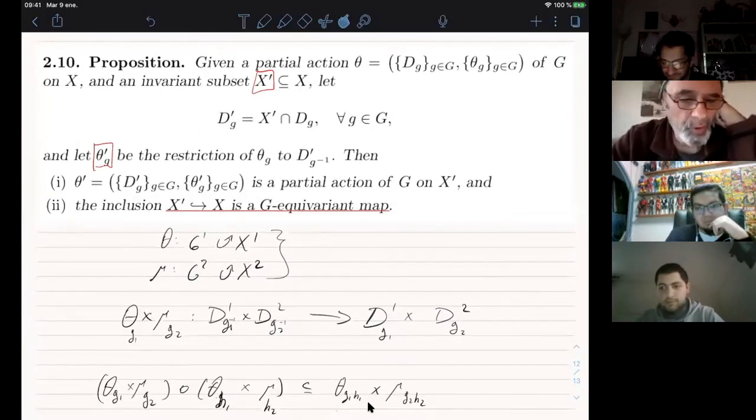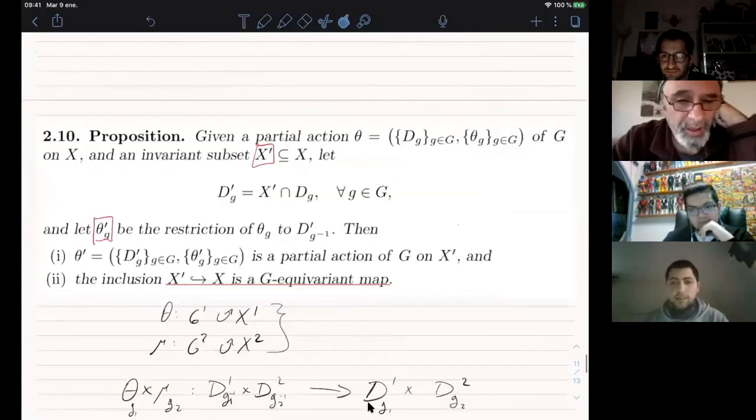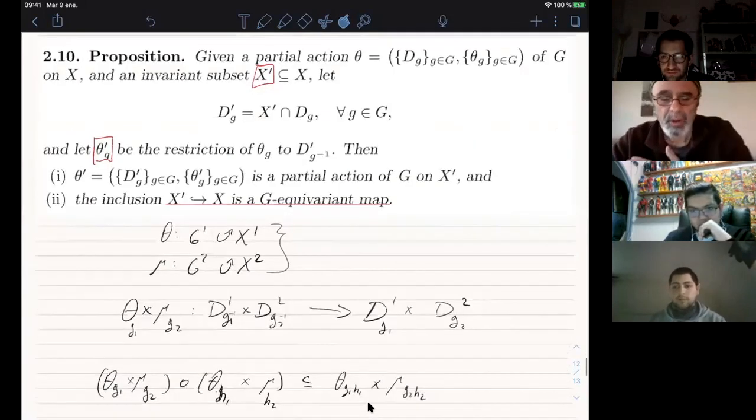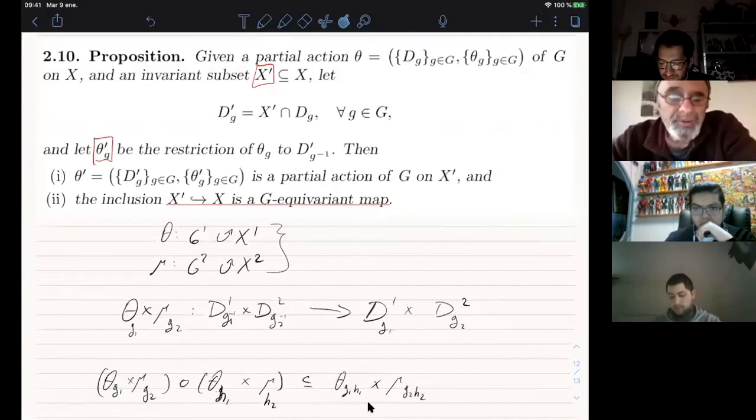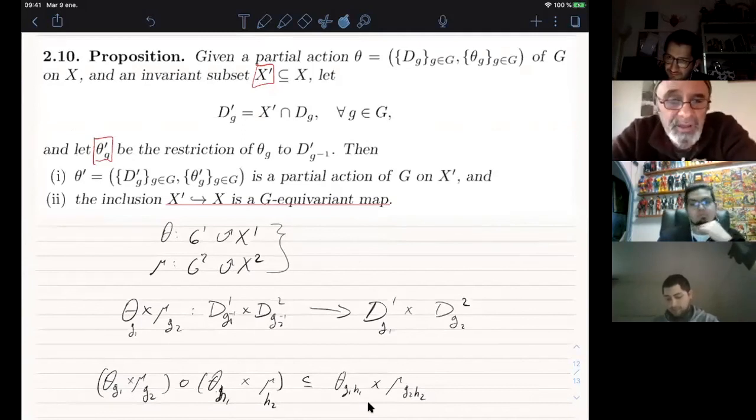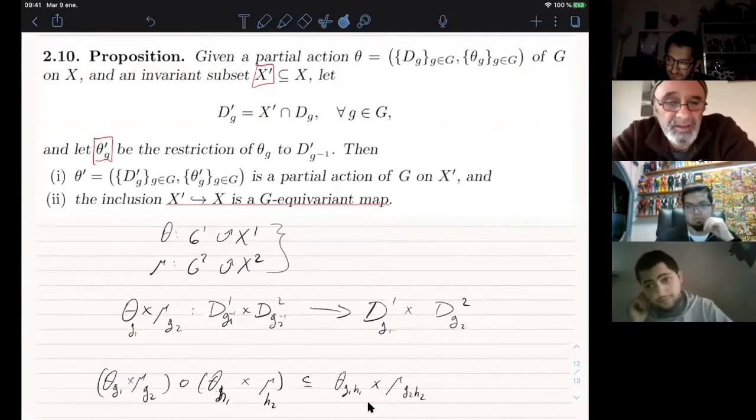Sorry, do you hear me now? Yes. Well, okay, I wanted just to say that any restriction of a global dynamical system is a partial dynamical system in a very natural way. So if you have 15 nice dynamical systems, you will get probably an infinity of partial dynamical systems starting from these ones.